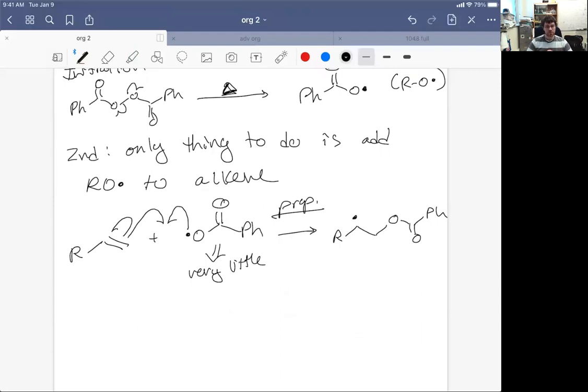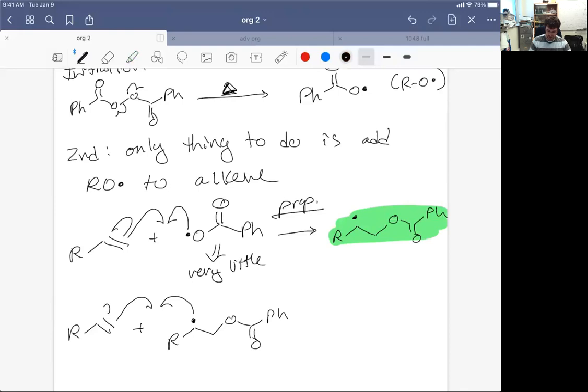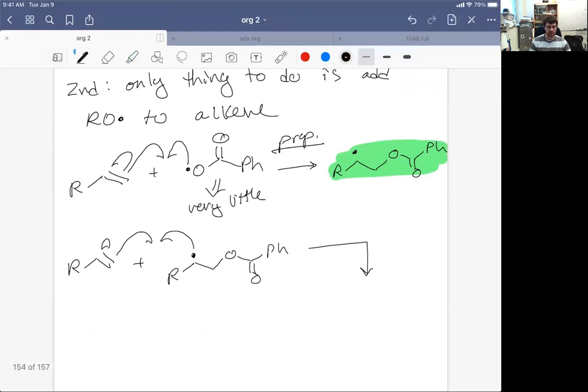Well, what if we add another radical to the alkene? Now in this case, let's consider the alkene adding to the free radical that we made as part of the previous propagation step. So instead of reacting with the initiator radical, we're going to react with the radical that resulted from our previous propagation step. We're going to use the same three fishhook arrows. And now this thing is going to get a little cumbersome to draw, to say the least. Here's my approach to drawing it.